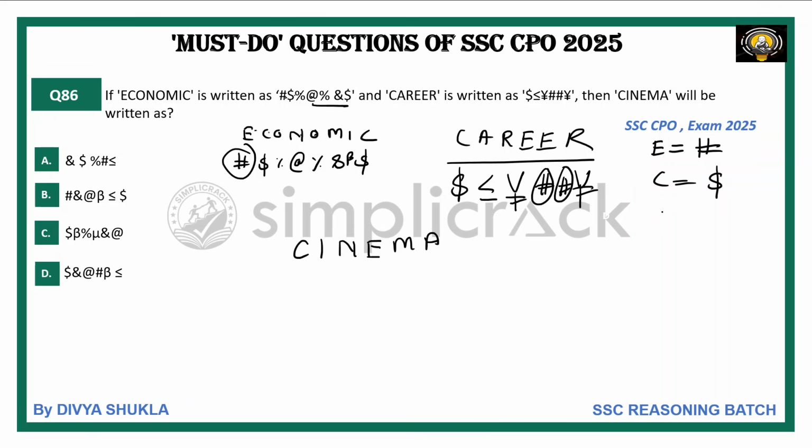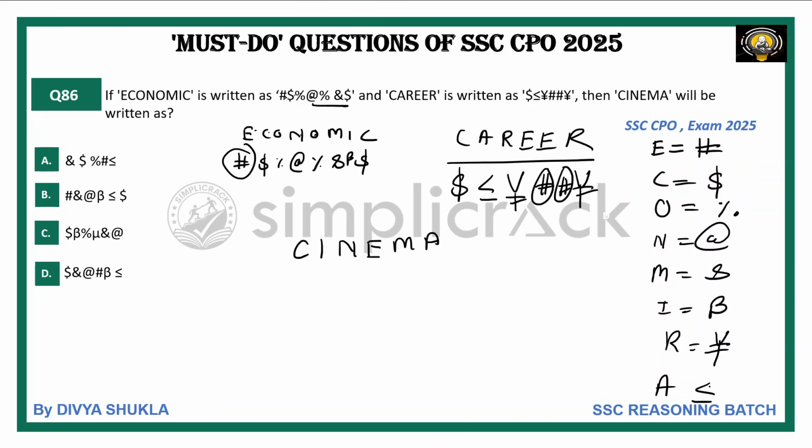O is percentage. N is at the rate. And then you are having O is percentage, done. M is having and. I is beta, and then C is already done. Now I am also having R, which is this type of symbol. A is also left. A is less than equal.